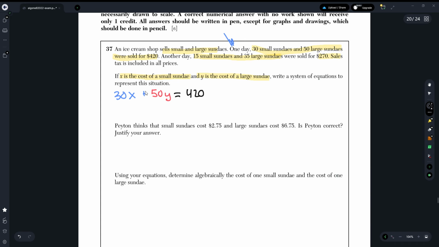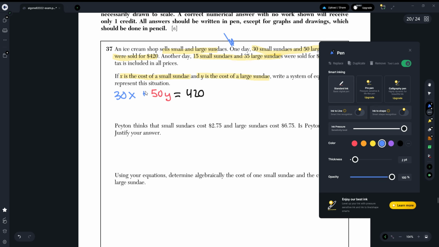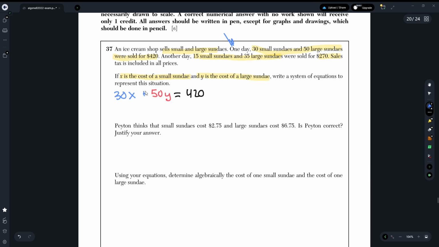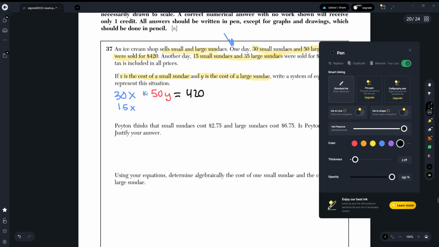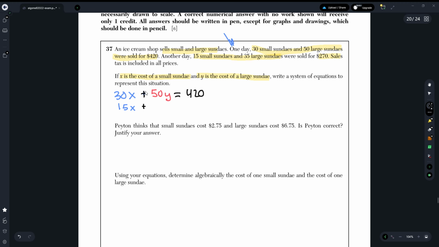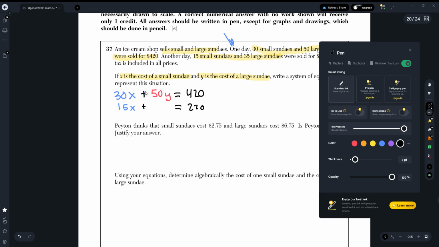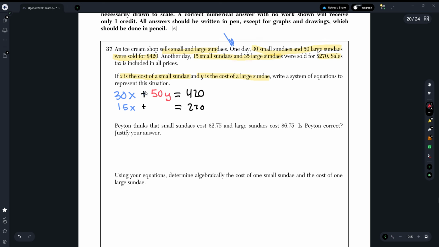$420. And here we have another day he sold 15 small sundaes, so 15X plus, here he sold 35 large sundaes, and that's all you need to do to show the system of equations.